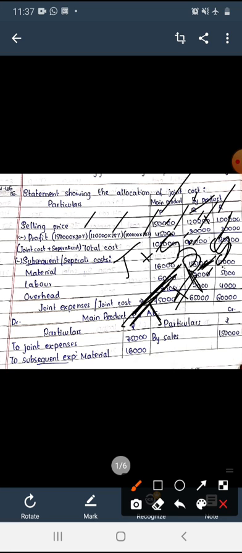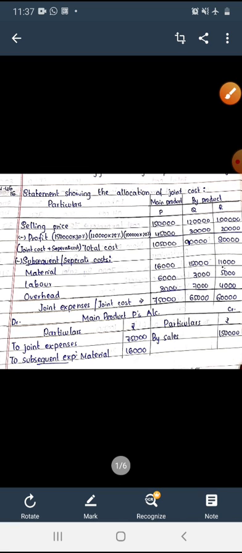From the total cost, if we deduct the subsequent cost, we get the joint cost. So here we need the joint cost. From the total cost we deduct the separate cost or subsequent cost, then we get the joint expenses or joint cost. The subsequent expenses or separate cost are given separately.